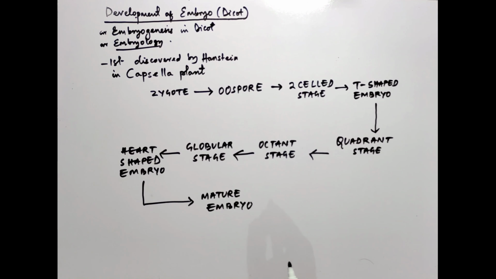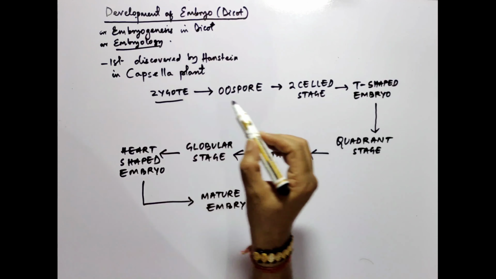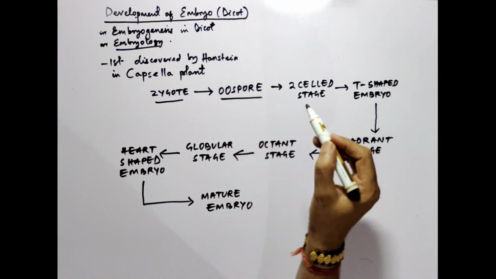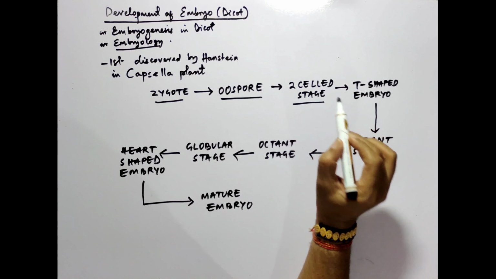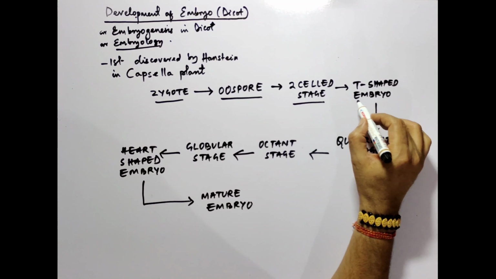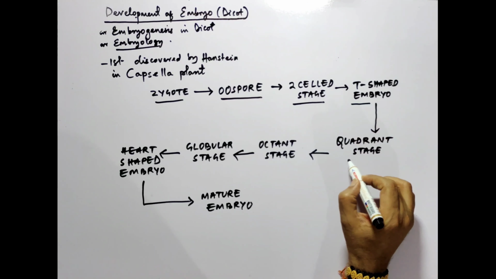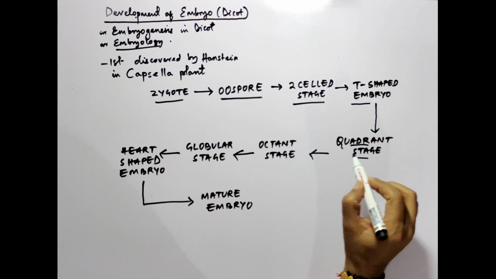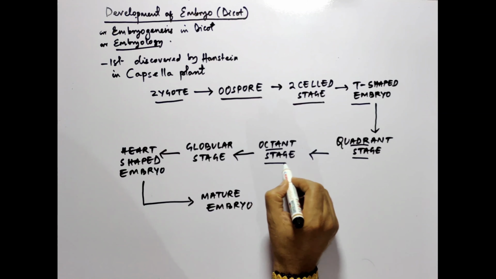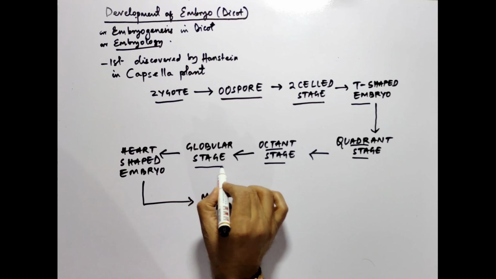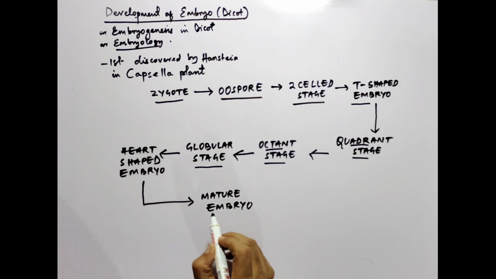So in this way, from the zygote, then oospore, then two-cell stage by the mitotic division, then T-shaped embryo, then quadrant stage, then octant stage, then globular stage, then heart-shaped embryo, and finally the mature embryo.